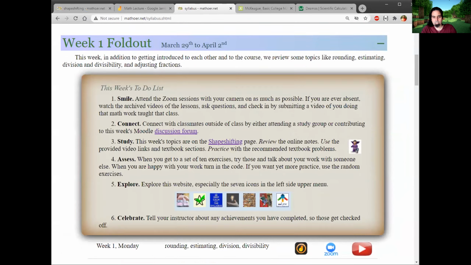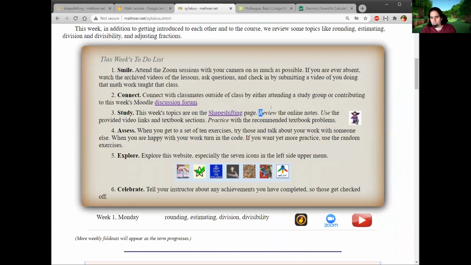So for the to-do list, when you get home, look at what we just did with rounding, because like I said, it's going to run away from your brain. That's just how math works. So review what we did, maybe with the Jamboard and the recordings, or maybe just reading the website.